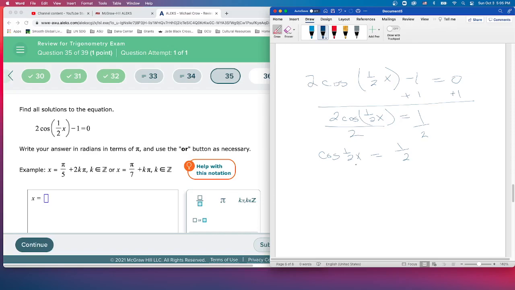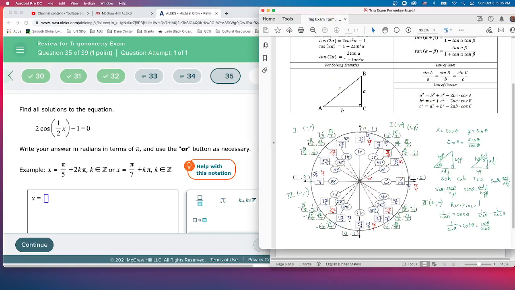Okay, so where does that happen? Cosine, so this is the input, whatever's in here has to be equal to what gives us a cosine of 1/2. That happens at pi over 3.